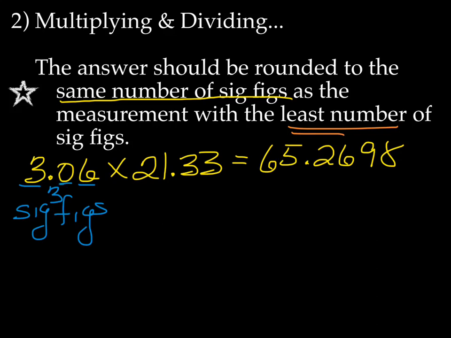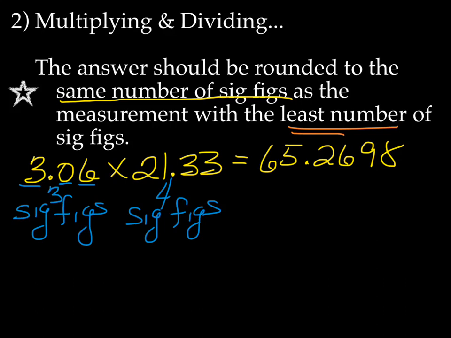The 0 is significant because it's between non-zero digits. Right? How about 21.33? How many sig figs does that number have? I say 4 sig figs because they are all non-zero digits, and all non-zero digits are significant.